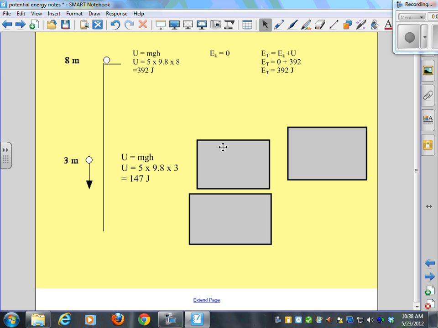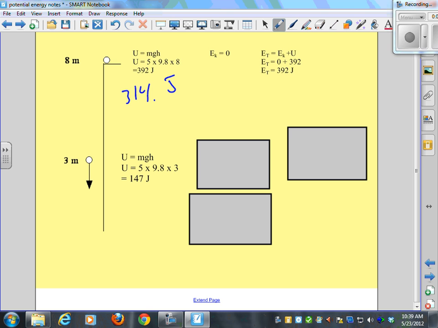So if I said 20% is lost, that means it should have 392. You'd multiply by 80% because that's how much is left over, right? And you'd have 314 joules after, and then you could actually figure out how high it would go, couldn't you?